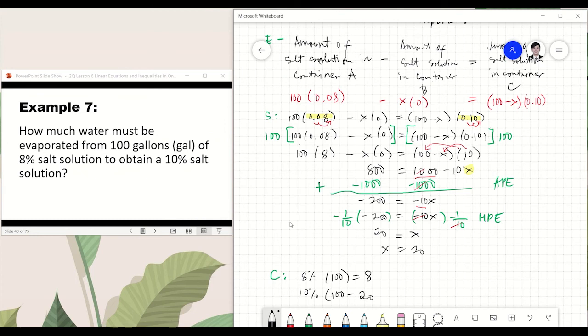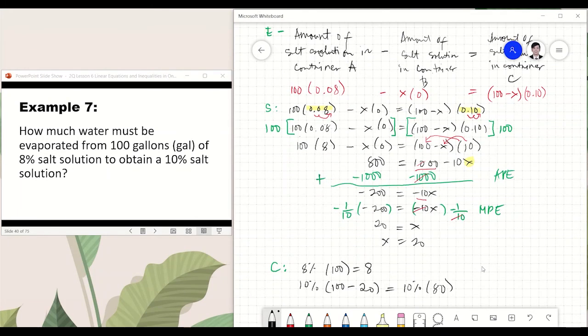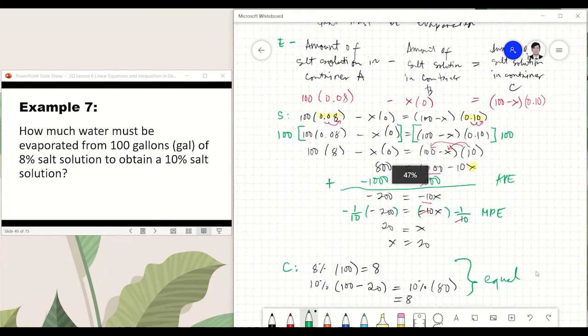So 100 minus 20. So magiging 10% 'yan of 80. In which 10% times 80, 0.1 times 80 magiging 8. So sa nakikita ninyo, equal sila. So tama na yung nakuhang sagot natin.